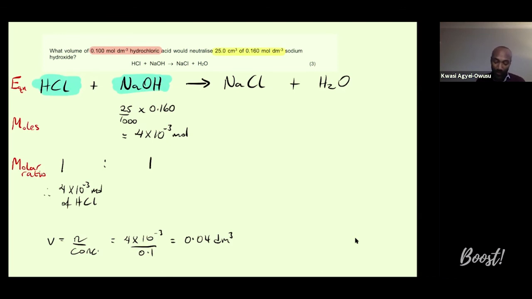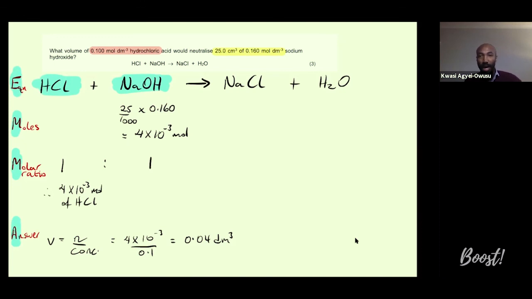And then finally, our answer, which in this case is the volume required of our hydrochloric acid. If I highlight the first letters of each of these steps, you see that it spells out EMMA. So that's a handy reminder as to the steps you need to take to get to the final answer for any of these titration calculations that we look at.